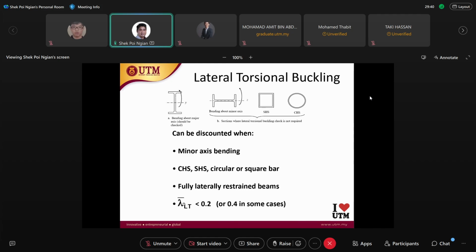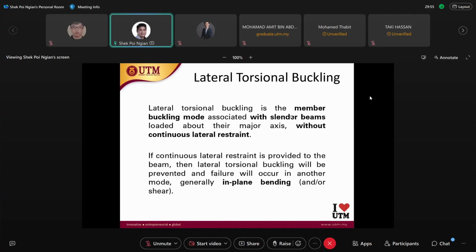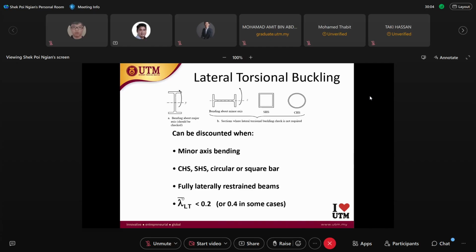Okay. What is lambda LT bar? Lambda LT bar is called the non-dimensional slenderness. Just now we said slender beam, right? Only slender beam will have lateral torsional buckling. Lambda LT bar is the non-dimensional slenderness of the beam.